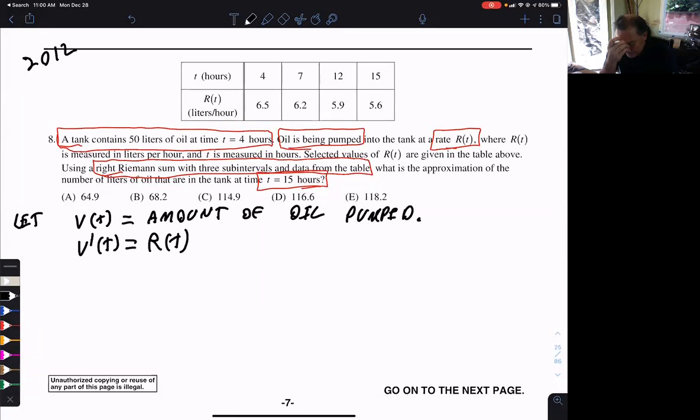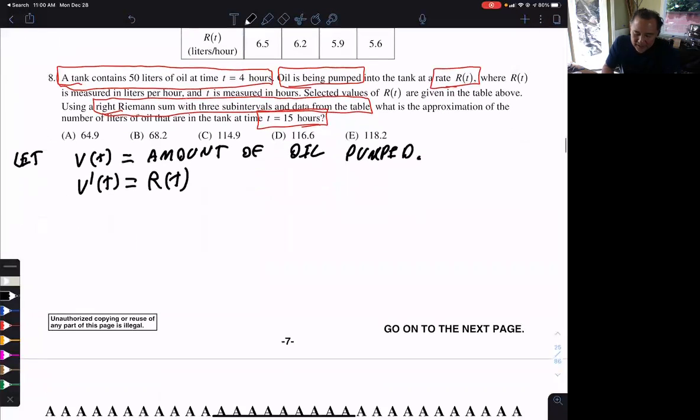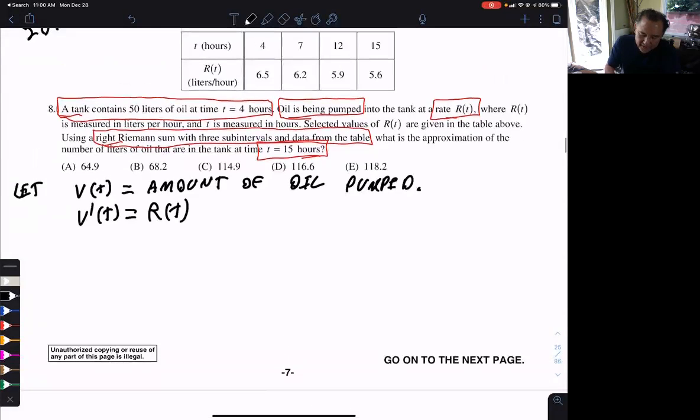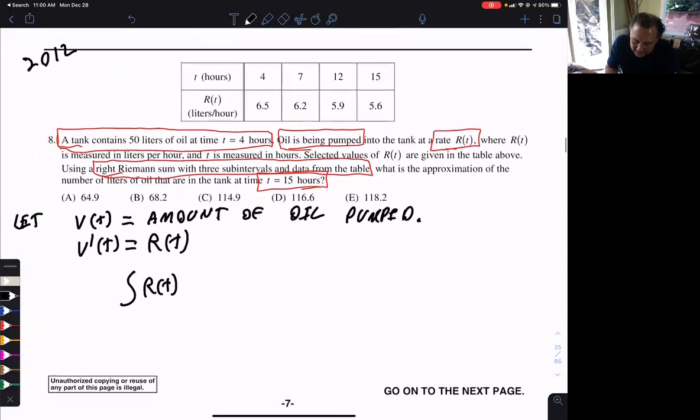So then, let me do this. If we integrate R of T from, let's go from 4 to 15, what is that going to equal? Okay, and then I'll explain to you. But what is R of T?